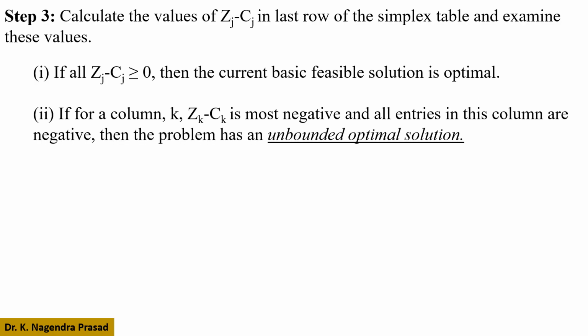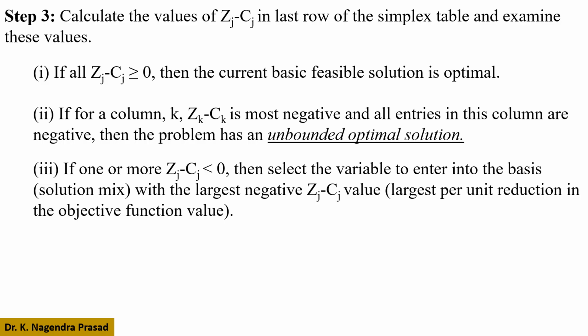The second condition is, if for a column, let's consider any kth column, zk minus ck is most negative and all entries in this column are negative, then the problem has an unbounded optimal solution.